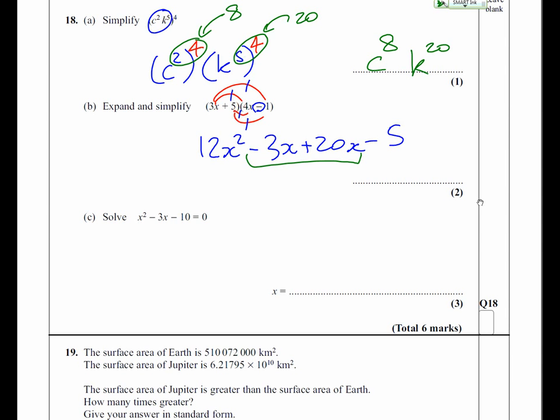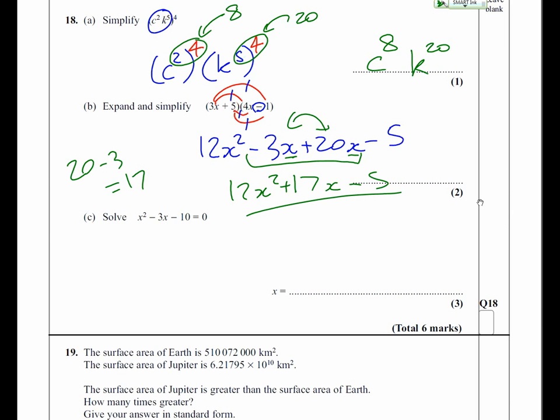Now, you can think of these either way round you want. You can think of minus 3 at 20, or 20 minus 3. They'll both give you the same answer. However, one is easier to do than the other, because 20 minus 3 is 17. And it's lots of x we were talking about. So our final answer, simplified form, is that.